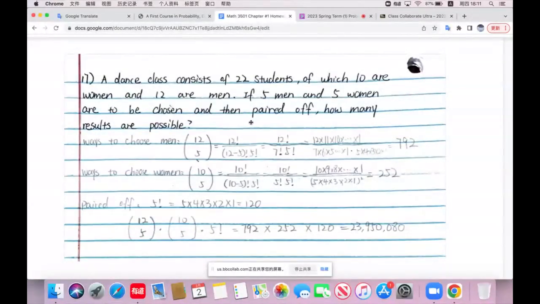Then we need to pair the 5 men and 5 women. We can make 5 pairs, so it's 5 factorial, which equals 120. Then finally we need to multiply these three together, and we will get the final answer.